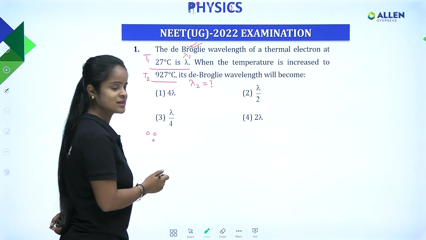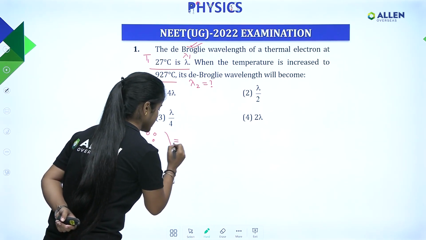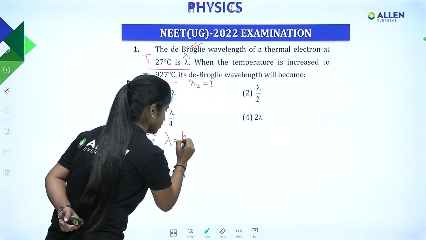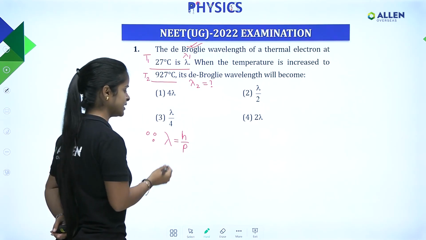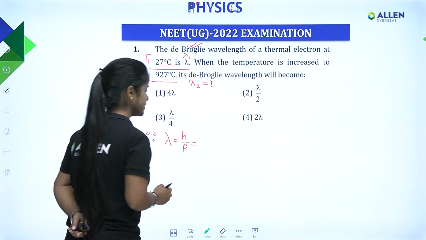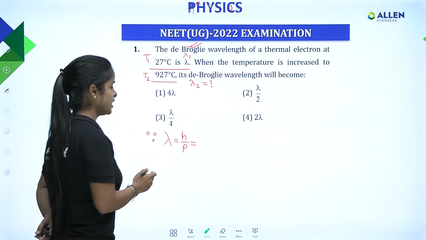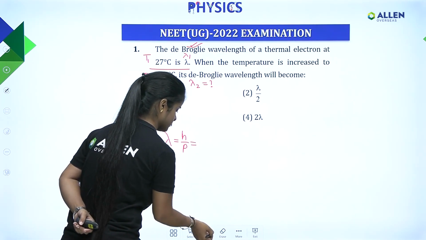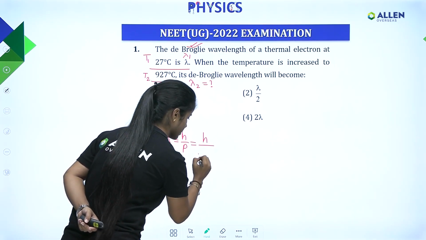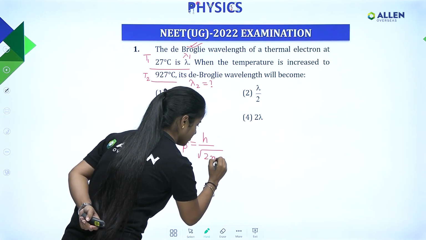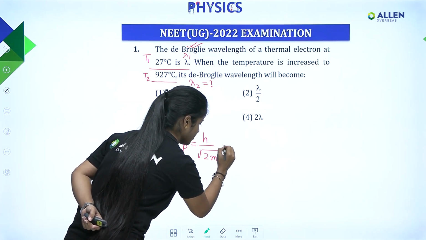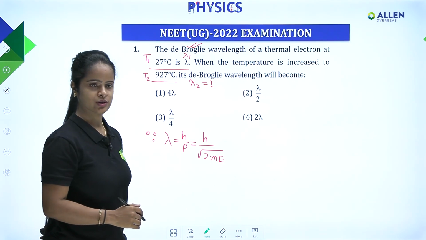As it is known to everyone, lambda equals h by p, where h is Planck's constant and p is momentum, and we can also rewrite this p as root 2 m E, where m is mass and E is energy, right?